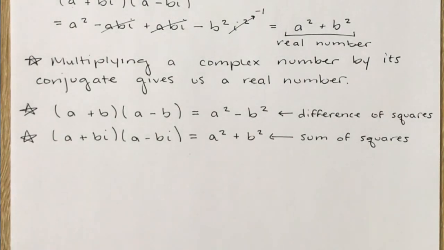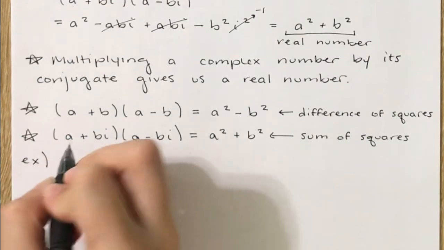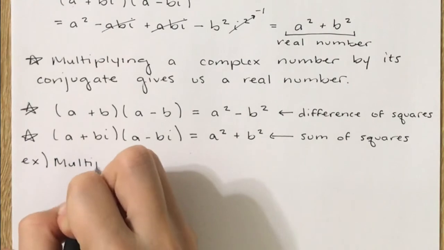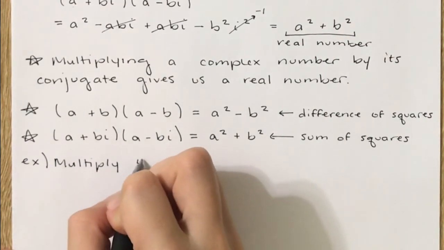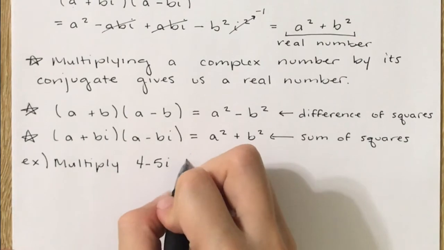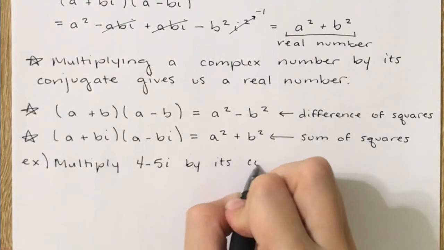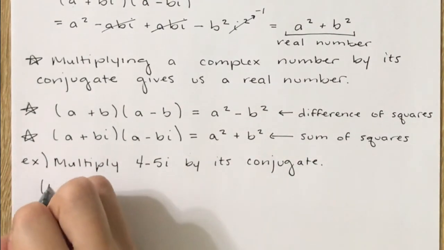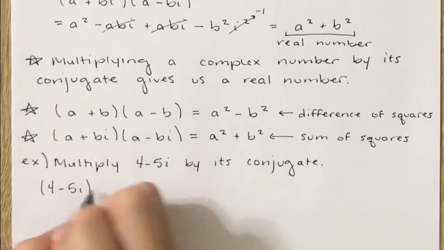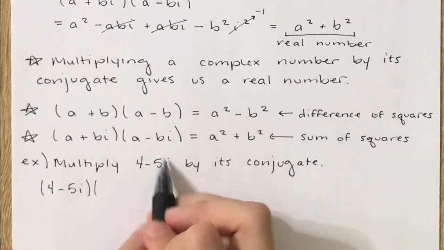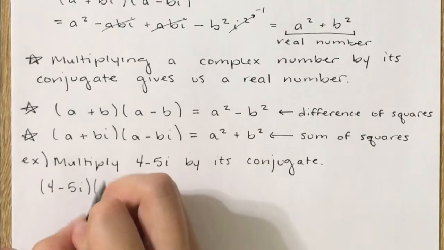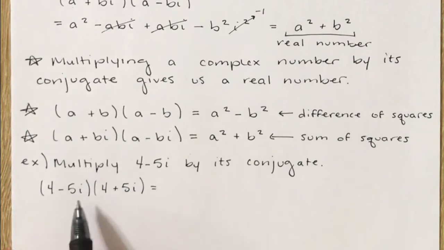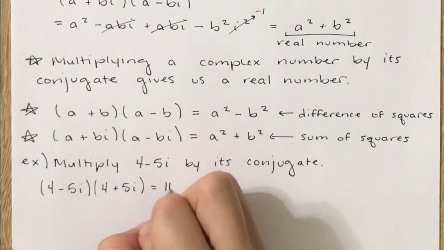Okay, let's look at a couple of examples. Let's say you were asked to multiply 4 minus 5i by its conjugate. So first of all, what is the conjugate of 4 minus 5i? Again, we flip the sign of the imaginary part. So we have 4 plus 5i. We multiply first terms, we have 16.